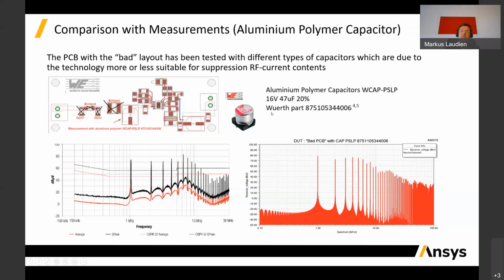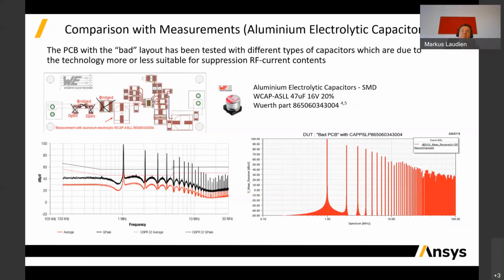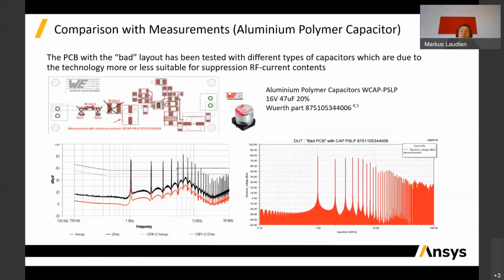This means that this capacitor is capable of suppressing the conducted emission level to a much better extent than the first one. This is a kind of comparison which can be done very well, and it is a huge benefit because it doesn't need time, especially if the capacitor is put into the external circuit. Then it can be exchanged very fast, and the simulation really takes just a few seconds.